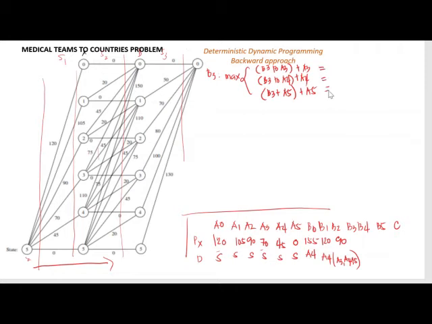So, let's get the numerical values. 0, 20, and 45. Getting the A3, A4, A5 here: 70, 45, and 0. Okay, so we have here the highest as 70, which is coming from A3. Next, B4.